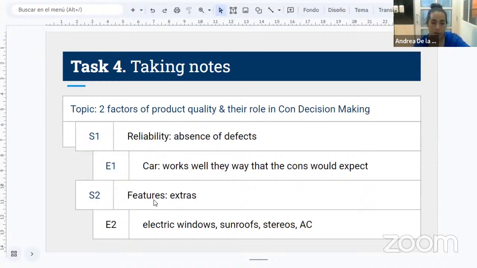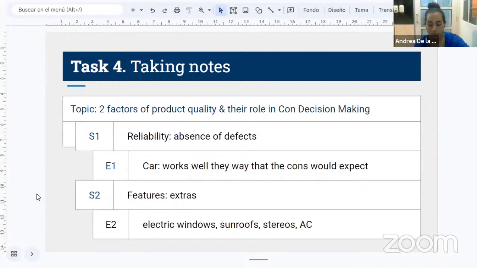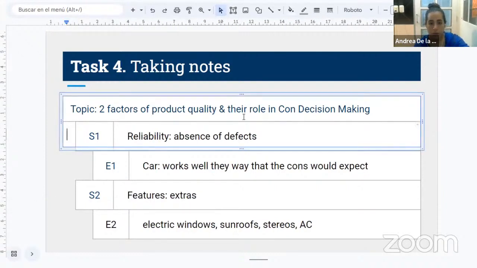Now, one more thing that is important to say has to do with the question. So what is the role in consumer decision making? I think that this has changed, right? So what happens with that? What is the role of reliability and features in consumer decision making now and before?